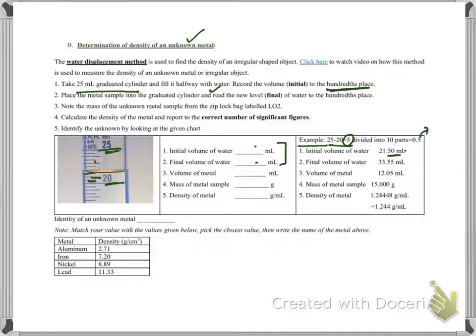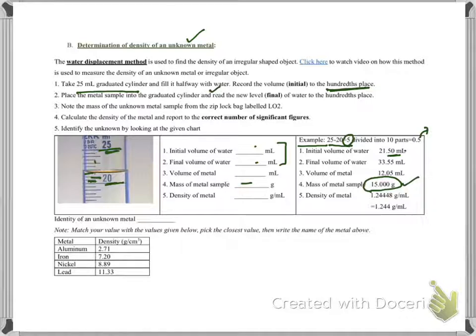Your number is going to be very different. 21.50 was my initial volume. Final volume is 33.55. After I added this metal sample, the mass is given. This is the mass I used. You're going to use the mass of the metal sample from the bag. It's written on the top of that bag, and that will go here.